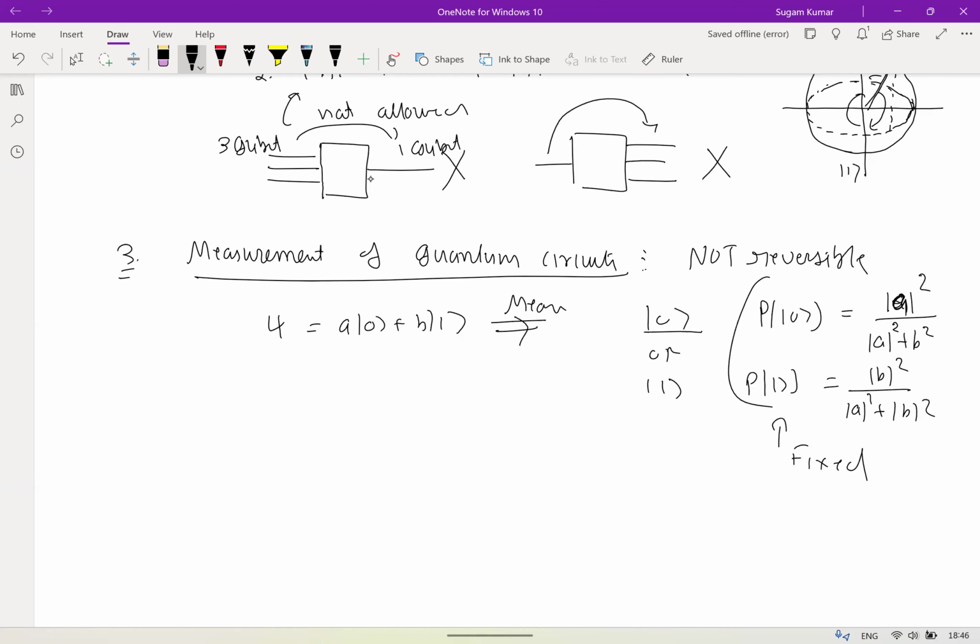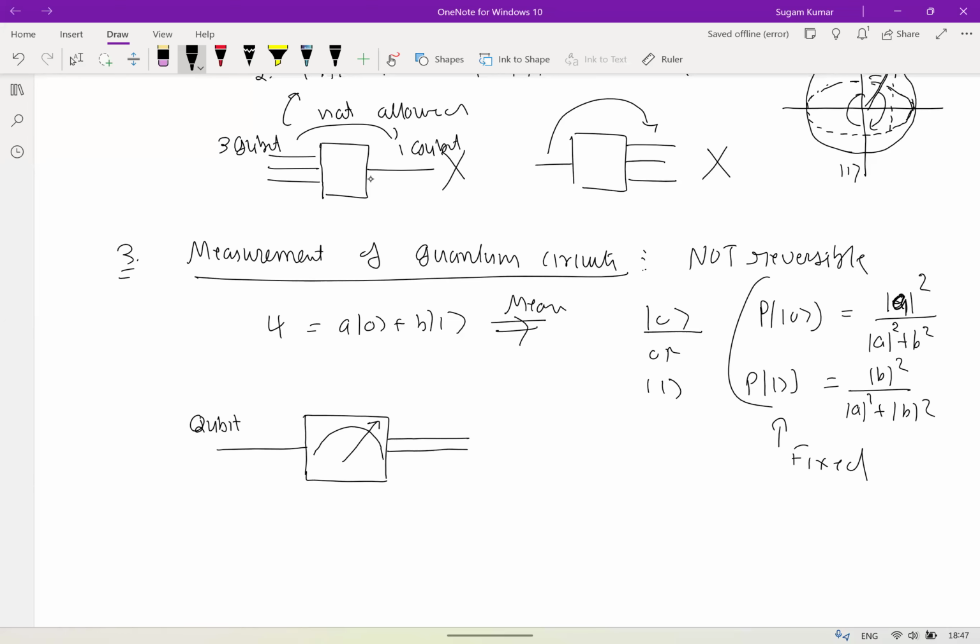Now, how do we show this quantum mechanically? For everything there is a symbol, so there is a symbol here also. In the box, you show something like a meter with a needle. At the input, you have a qubit. And at the output, you have the output value, which we show by 2 lines.